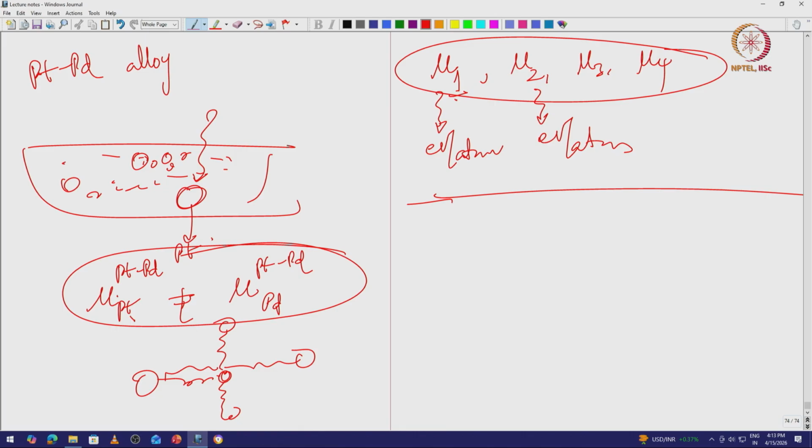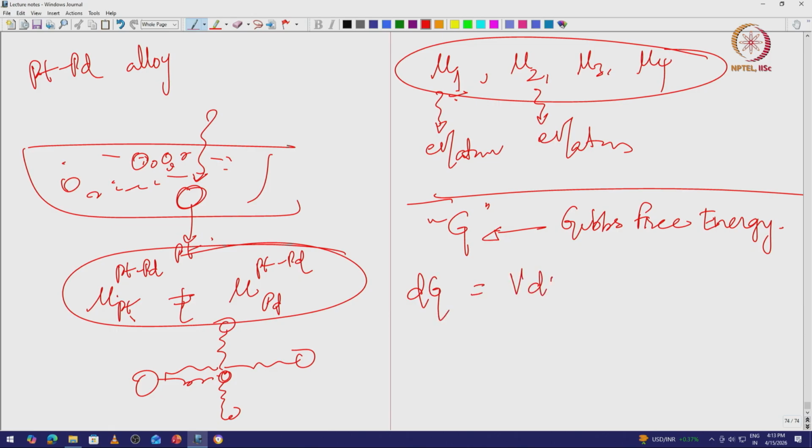So now let us rewrite this equation. The most important free energy that we have is the Gibbs free energy, right? Because all our growth processes are going to happen in conditions where the important thermodynamic functional that I want to consider is Gibbs free energy. And so if I write dG for an open system, I am going to get dG as VdP minus SdT, right?